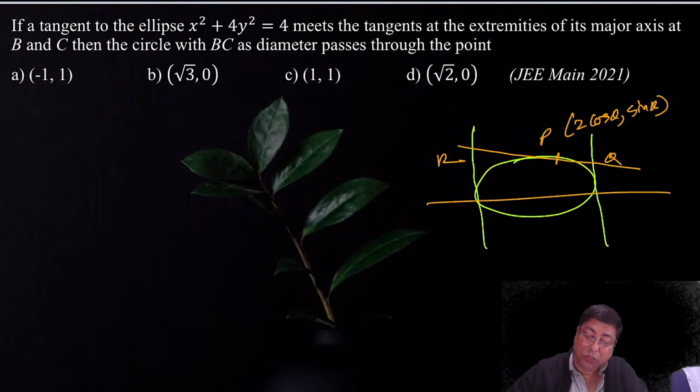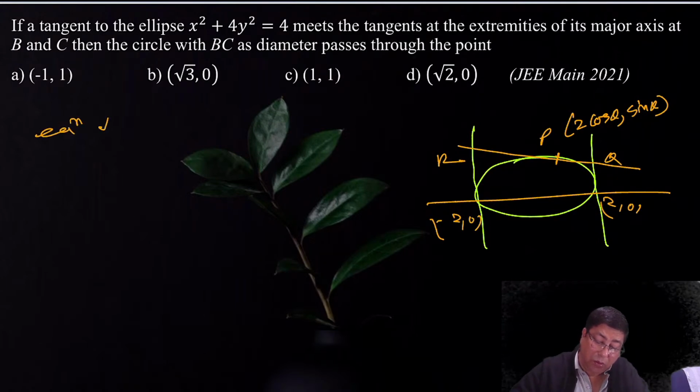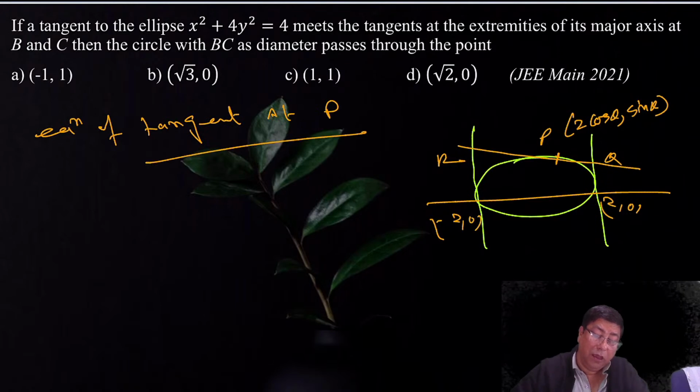This is minus 2, 0. This is 2, 0. Let the tangent meets the tangent at the extremities at R and Q. So equation of the tangent at P is what?